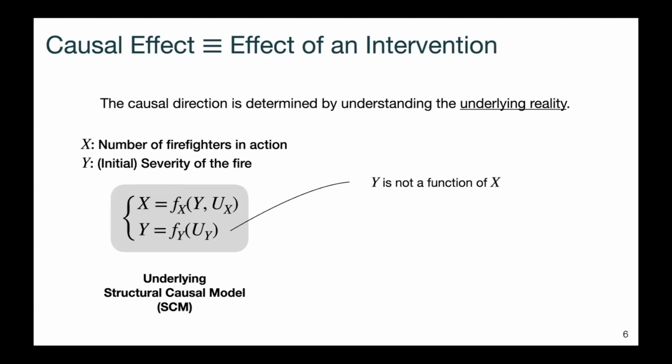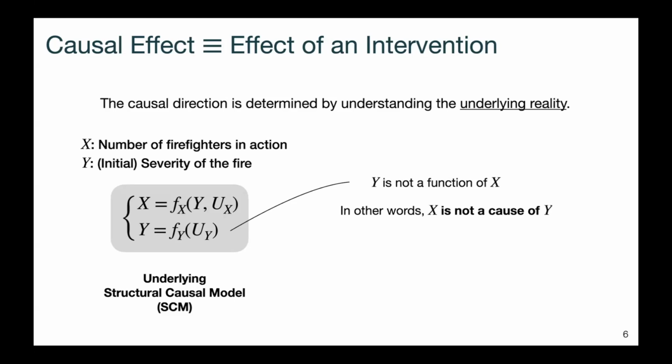So x is actually a function of y. The fact that y is not a function of x means that x is not a cause of y. To be a cause, a variable has to be an argument of the function, right?